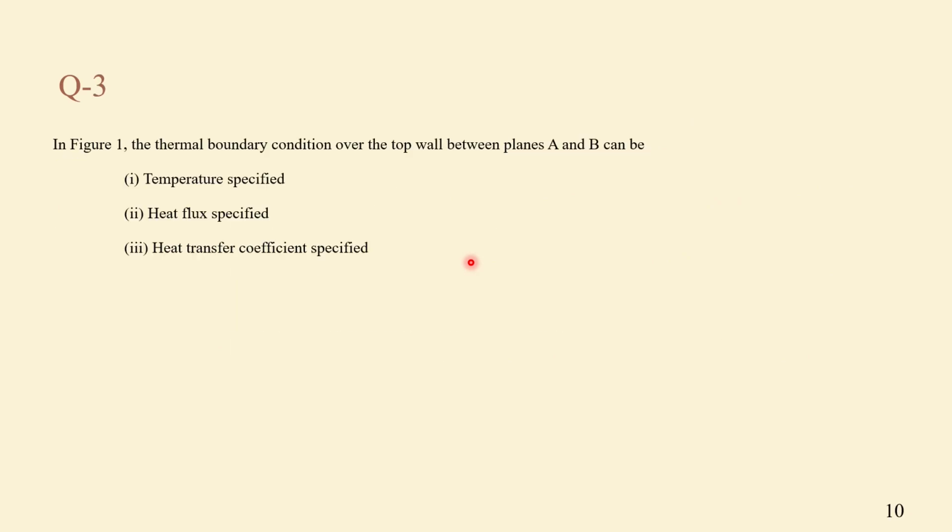Since it is a heating problem, we can't give heat transfer coefficient because it would not be suitable for this, as that would be specific to that particular material also. But we need to know how much heat is passed from this end or how much it is cooled. So for that we need to know either the temperature or we can specify the heat flux.